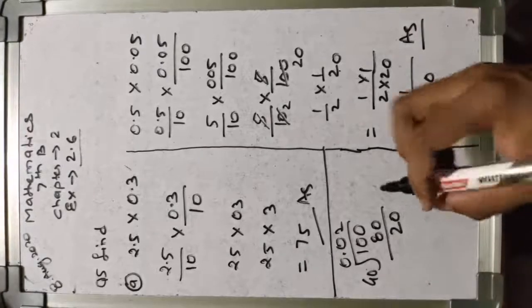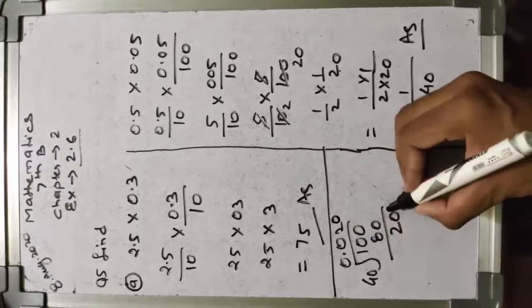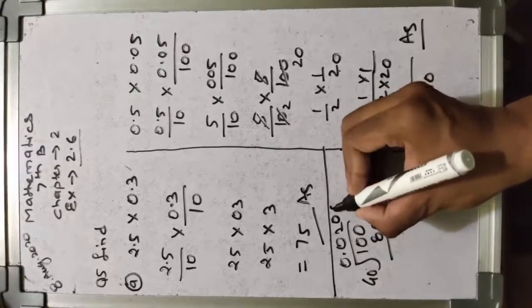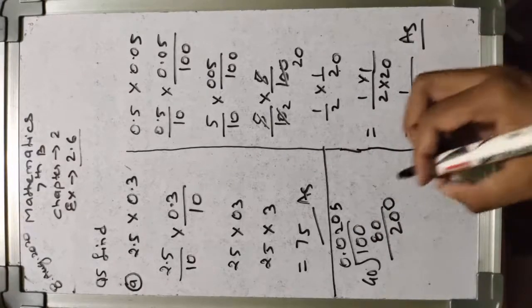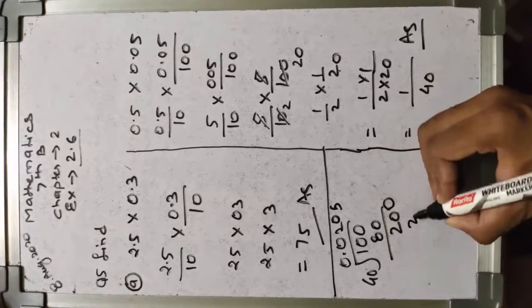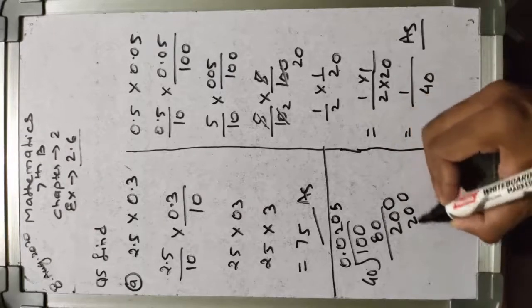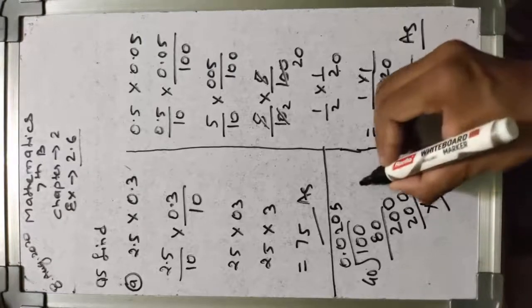Now you cannot divide 20 by 40, so I put 0 here and again a 0 here. Now you can divide: 40 into 5 is 200. This will be 0, so this is your answer.